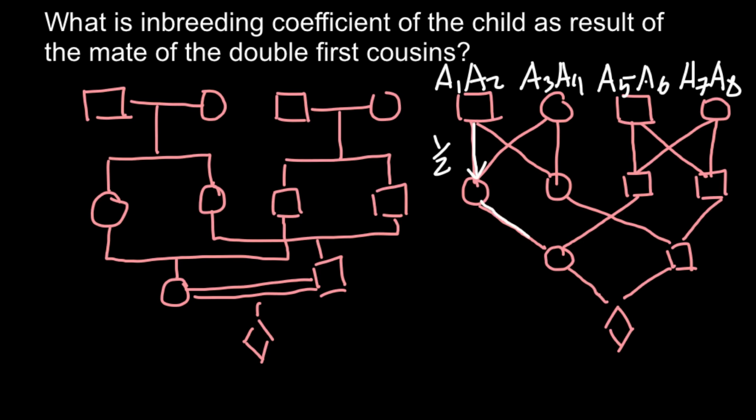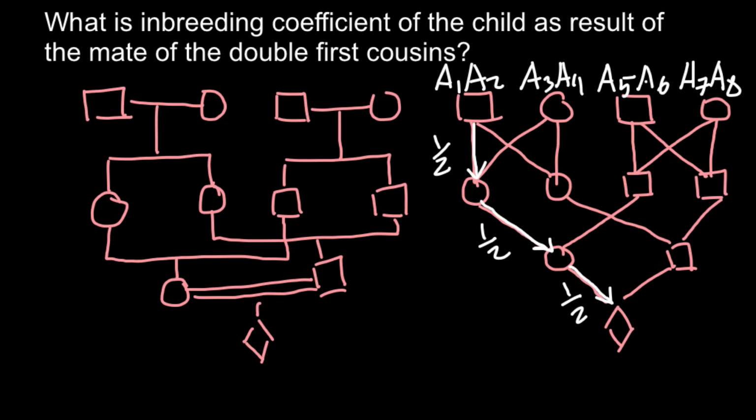And then this daughter can pass this A1 allele to her daughter, and the probability would be 1/2. And then this daughter would pass this A1 allele to her progeny, and also the probability would be 1/2.